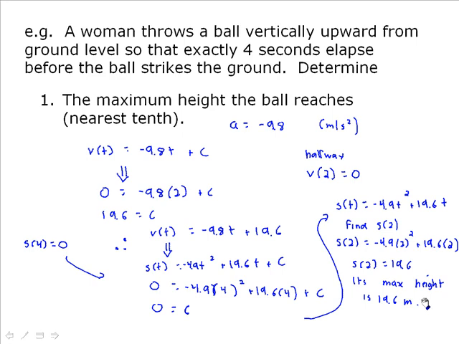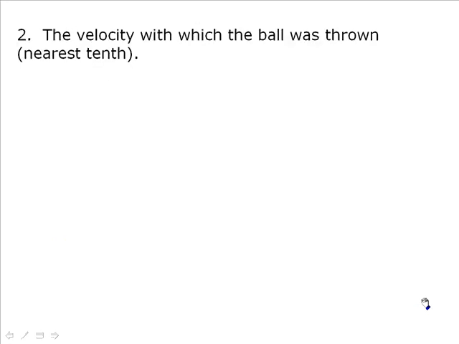Let's do part 2 of this question, which is the velocity with which the ball was thrown. Now, this one is a reasonable question, but it's not a difficult one. We want to find v(0). So at time equal to 0, what is its speed?